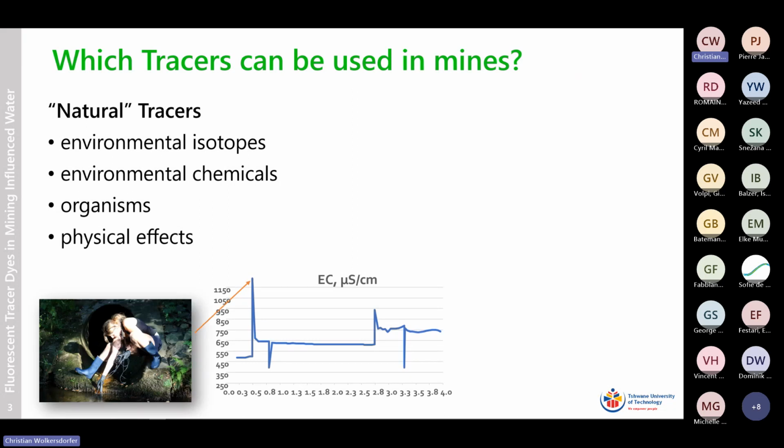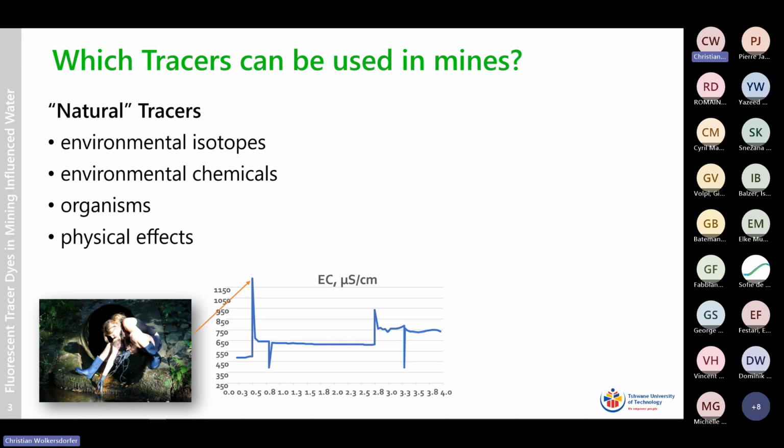We measured at a river that is influenced by mine water, and we wanted to know where the mine is discharging into the river. So we measured the electrical conductivity over the length of this river. At the first peak, you can see me there in the picture at the mine water discharge, we could clearly see an increase of the electrical conductivity.